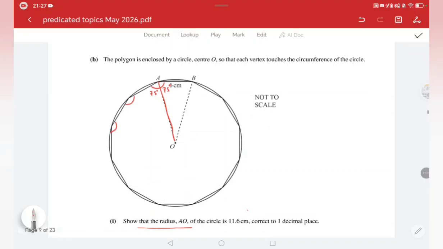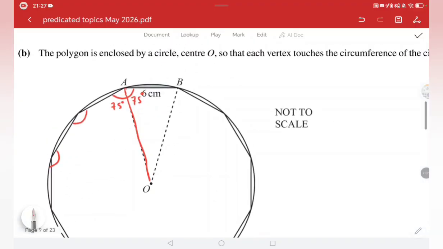Okay, let's zoom. This one is radius OA and this one is radius. This is isosceles, so we can divide this triangle to make two right-angled triangles.